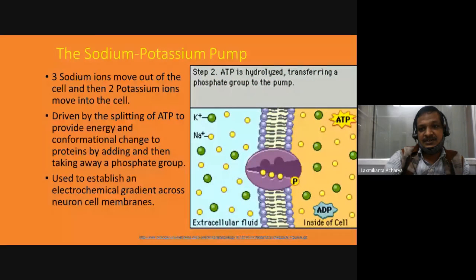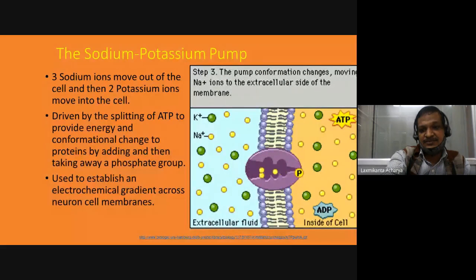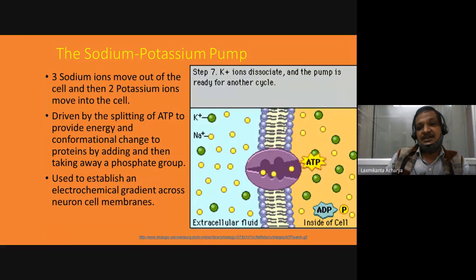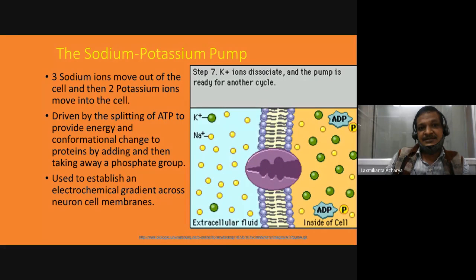Anyway, now 3 molecules of sodium are coming, and these 2 molecules of potassium are coming, and this is dephosphorylated, and this side is open. Now it is again happening for another cycle. So you see 3 sodium ions move out of the cell, and then 2 potassium ions move inside the cell.